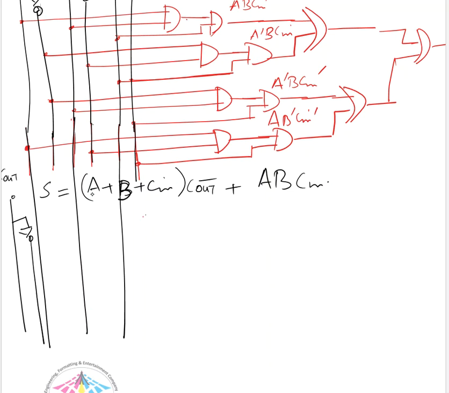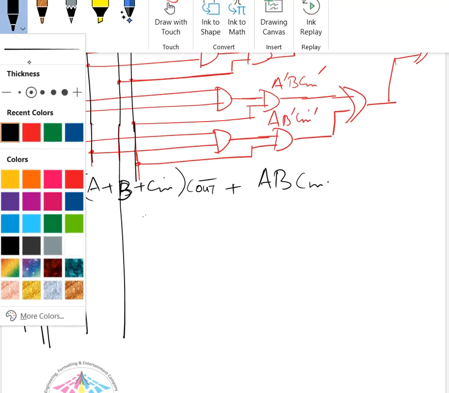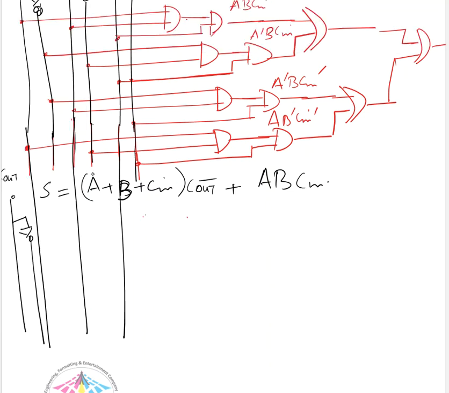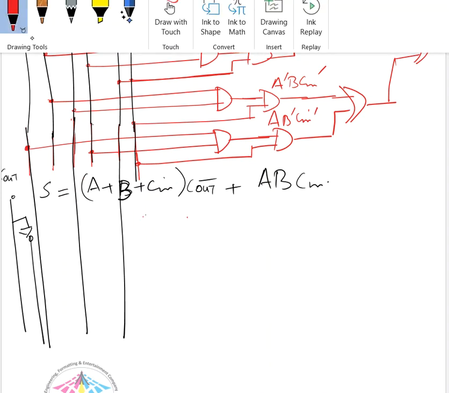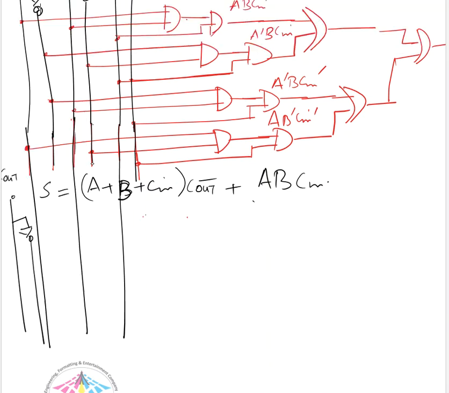So this is how we have generated the complement. Now let's implement this equation. So first of all, it is A plus B plus C in, times C out. However, let's write explicitly what this C out is. So C out is in fact AB plus (A plus B) into C in. Now let's first implement it.